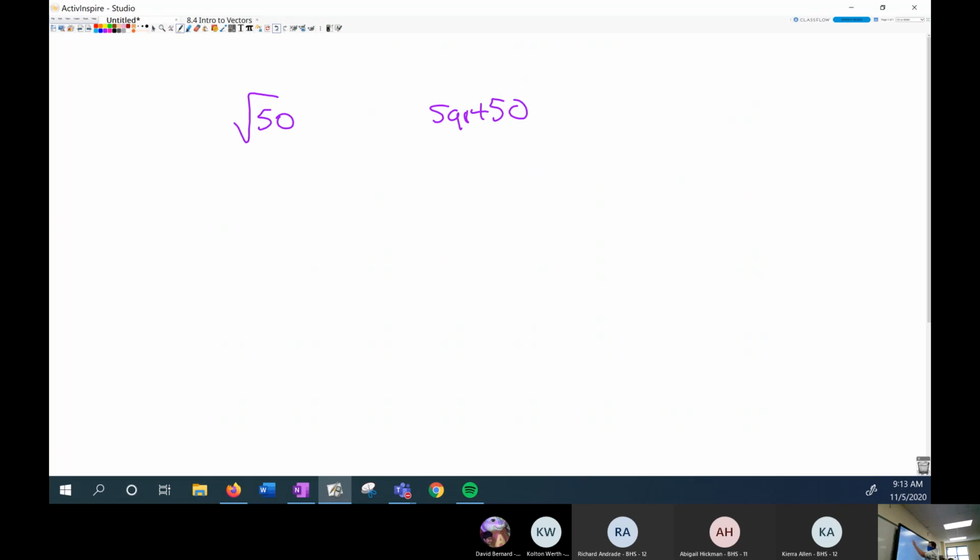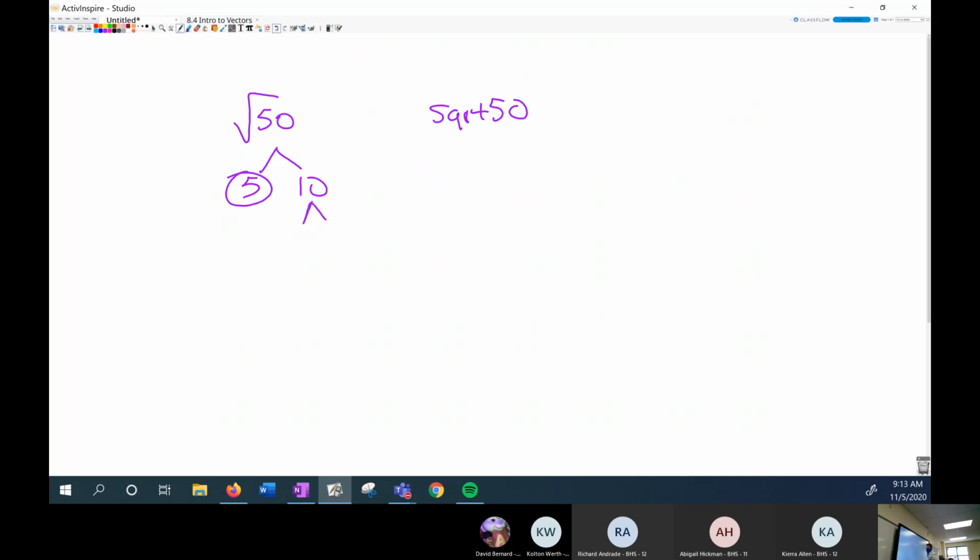But something like this, we need to try to simplify. Remember I said at the beginning here, we are simplifying radicals. You're never going to see square root of 50 as an answer choice on an SAT, an ACT, or even one of our DCAs. If it can be simplified, we simplify it by breaking it down, looking for pairs. So something like this, what pairs can I use that make 50? 5 times 10. The 5 is a prime number, so it's done.